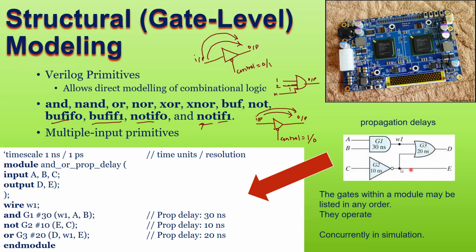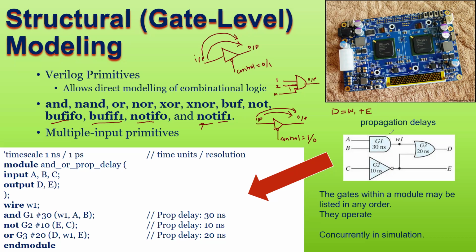So if I ask you to write Verilog code for this, as I explained to you before, you have the very first option of describing this circuit using data flow modeling. With your knowledge of digital electronics, you know the Boolean equation for the D output would be W1 OR the output E here.